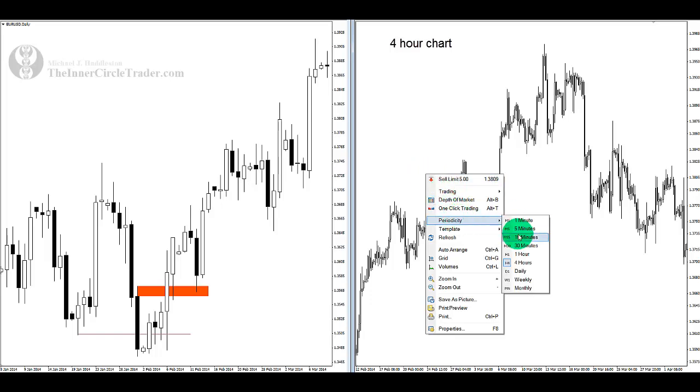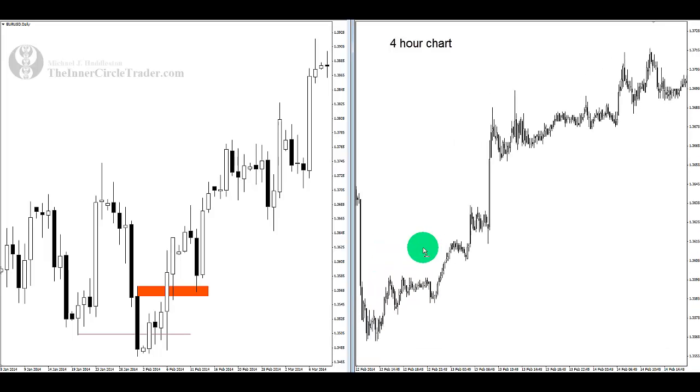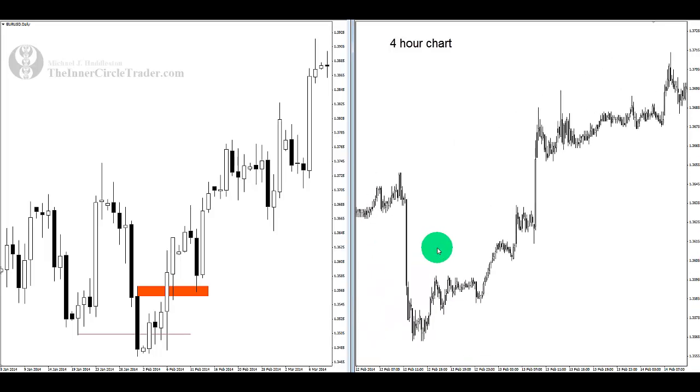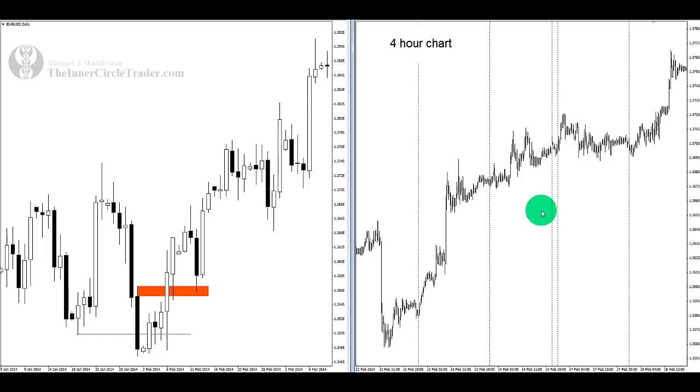Here's what this move looked like on a 15-minute basis. The drop down, which is scary. Most people don't want to do any kind of buying in that indication. Move starts moving higher. Let's put some day dividers in.